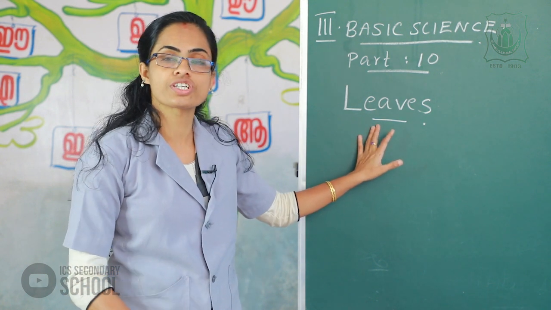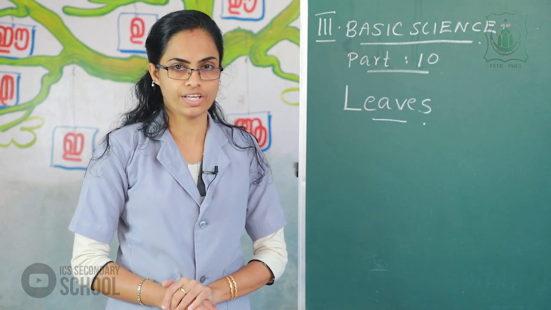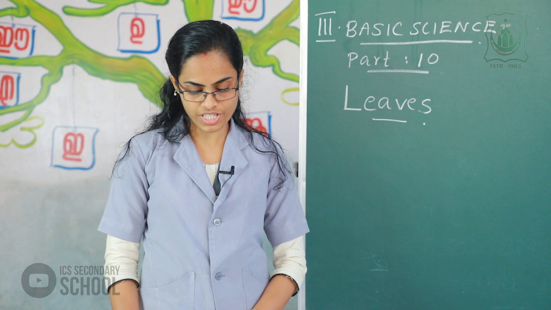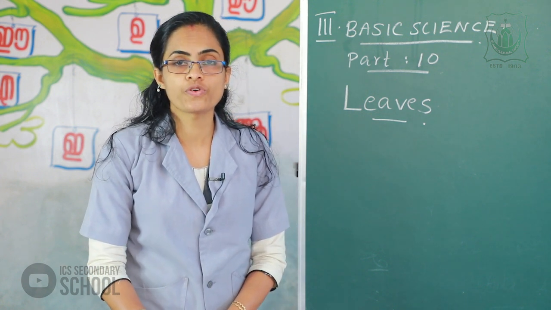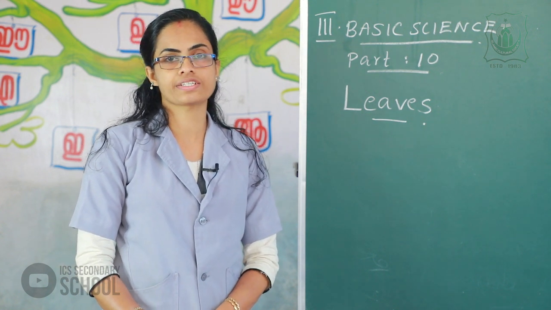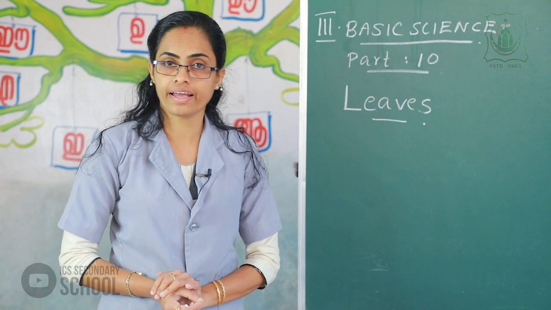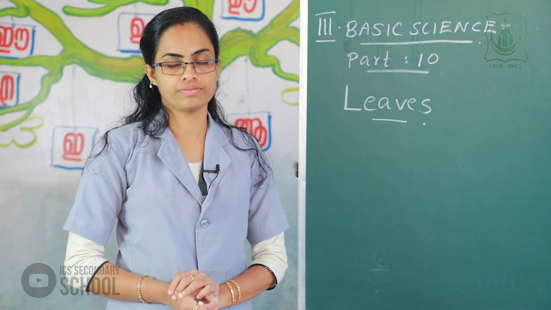Then what are the functions of a leaf? All of you look at your textbook. The leaves make food for the plant with the help of air, water, sunlight and chlorophyll.